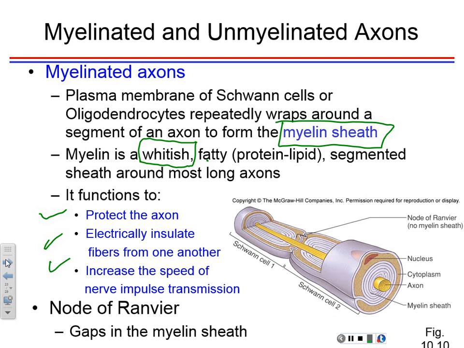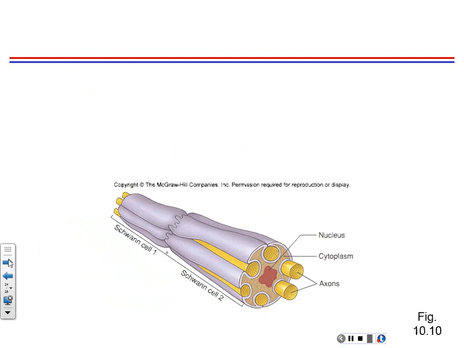And it increases the speed of transmission, because the impulse will jump to the nodes of Ranvier, which are the parts that are not myelinated, and that kind of transmission is called saltatory conduction. It only happens at the nodes of Ranvier, which are the gaps in the myelin sheath. Saltatory, like salt, saltatory conduction.